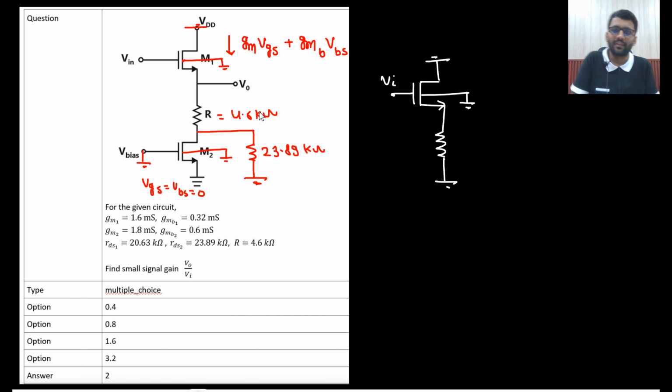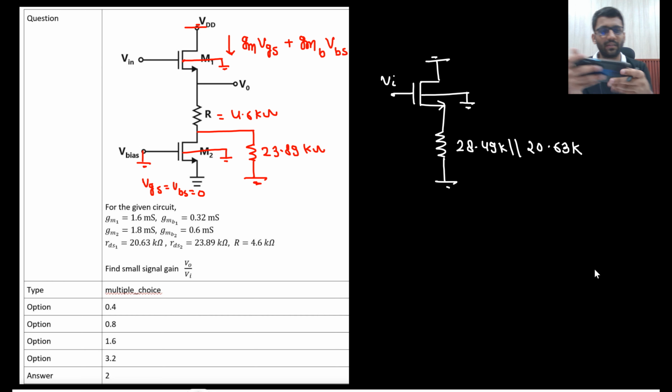Now 4.6 plus 23.89 is 28.49 kilo ohm, in parallel with RDS1 which is 20.63. So 28.49 into 20.63 over their sum, roughly 11.96 kilo ohm. And this is your V naught.